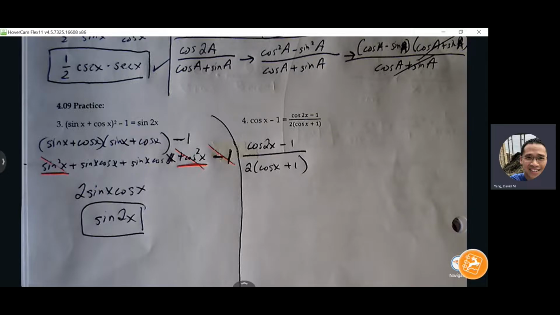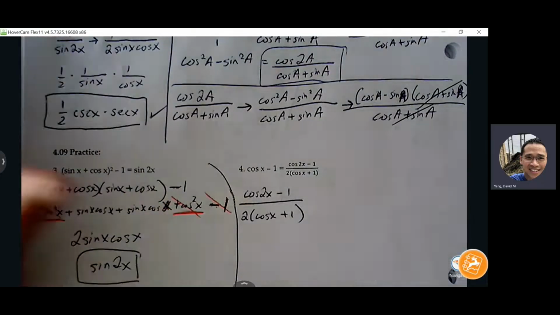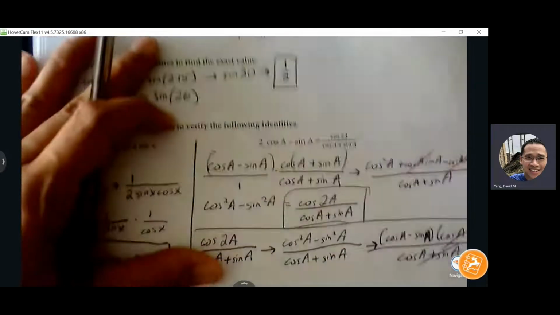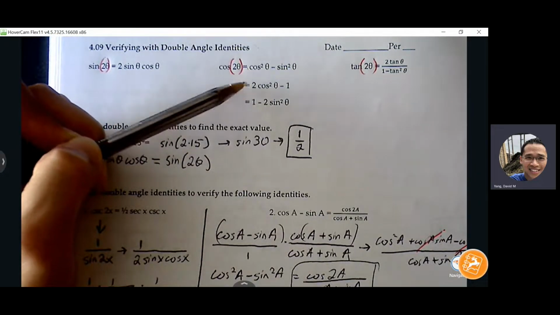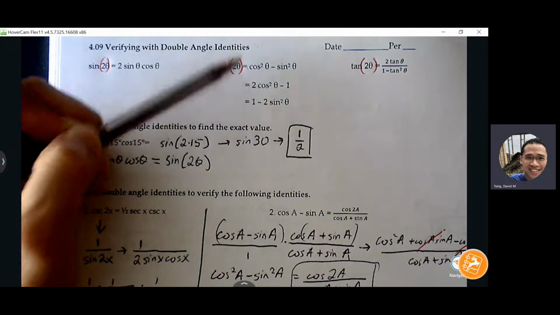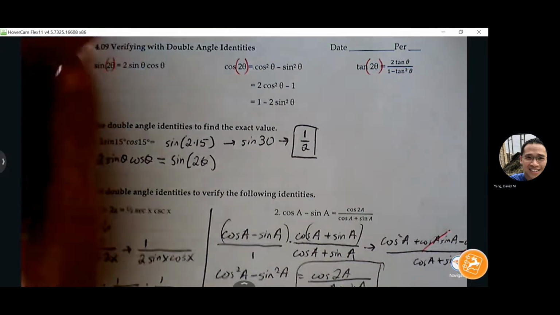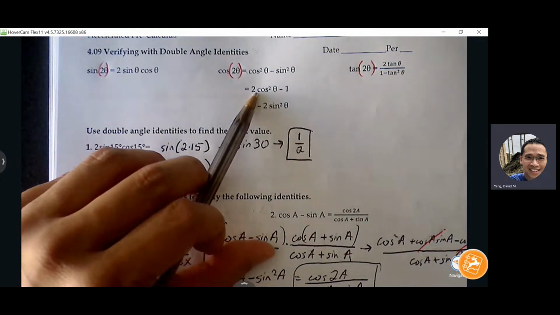Now, there are 3 variations, and it's more along the lines of making an educated guess. Based off of the problem that you see, which one do you think could be a good fit to start with? And why would you pick 2 cosine squared? Is it the n on cosine?